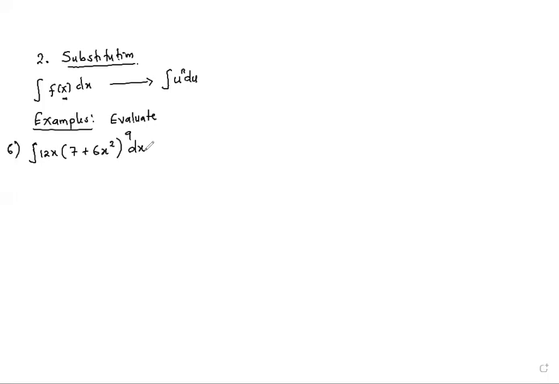So you say, okay, why can't we change the variable from x to another variable by naming a certain part? So we'll go in the brackets here and let the whole thing in there be u: 7 plus 6x squared.